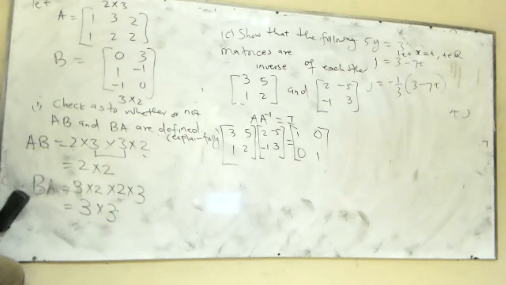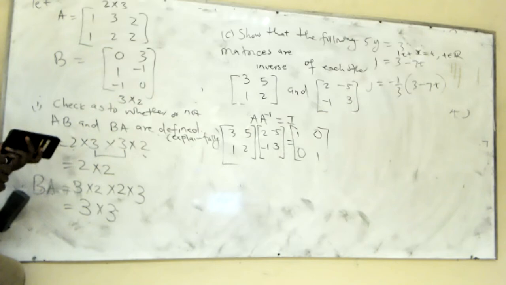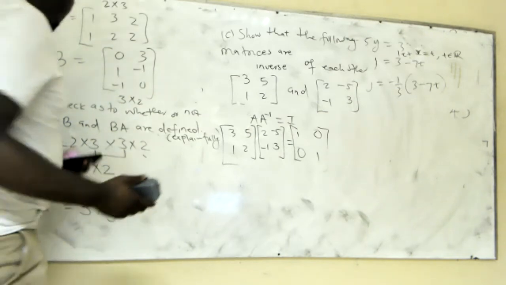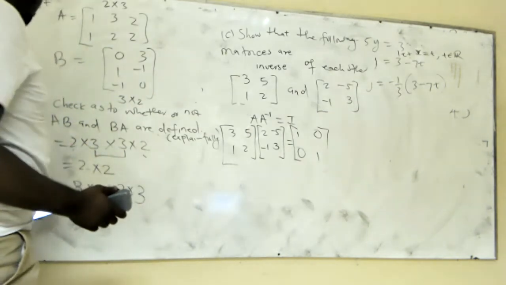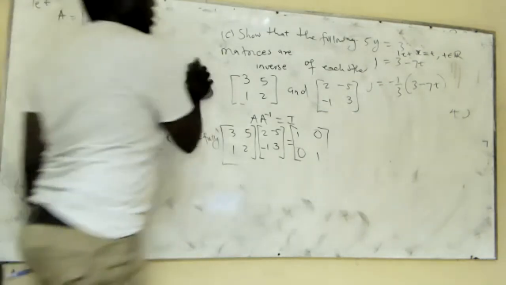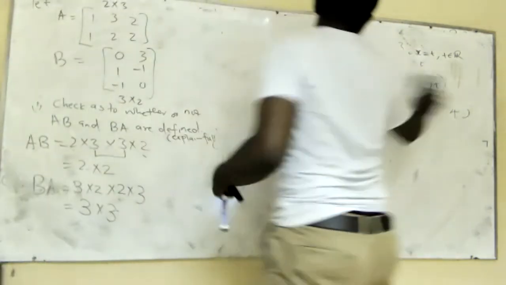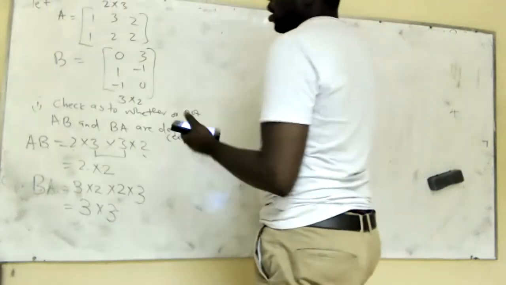But the question said explain fully. So it means we're supposed to show how it's going to be 2 by 2 and how it's 3 by 3. We know AB is going to be 2 by 2 and BA is going to be 3 by 3. So let's explain fully. This will be our last part for the day.